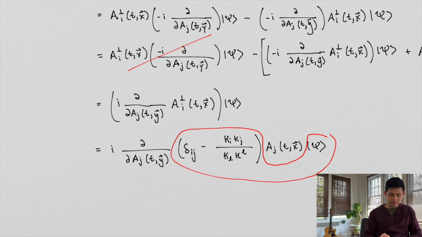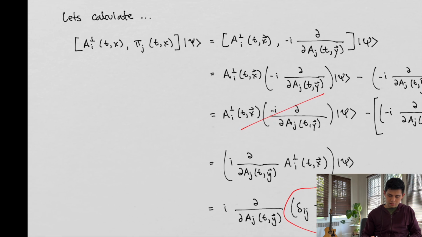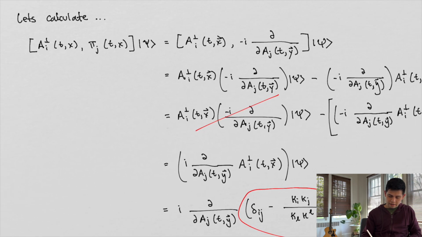Well, the derivative of all this with respect to A is going to be all of this, because it's just multiplied by A itself, but only if this was supposed to be I, because we had an I right here.